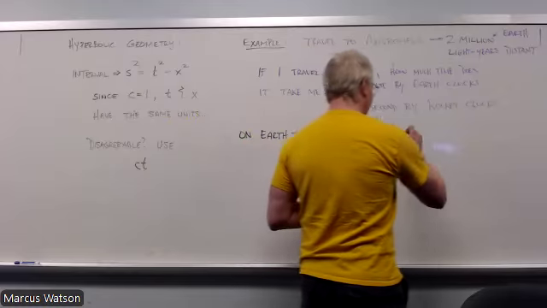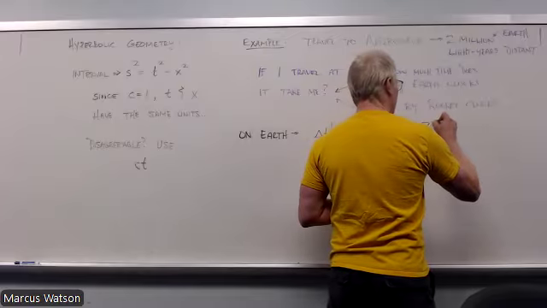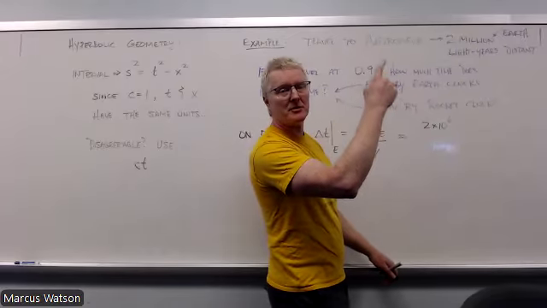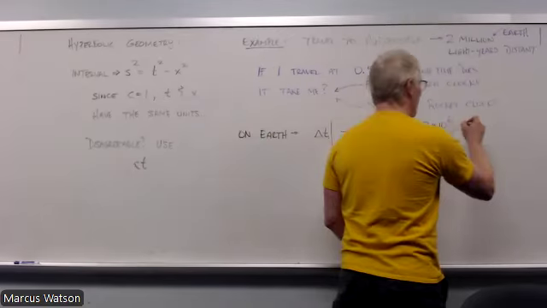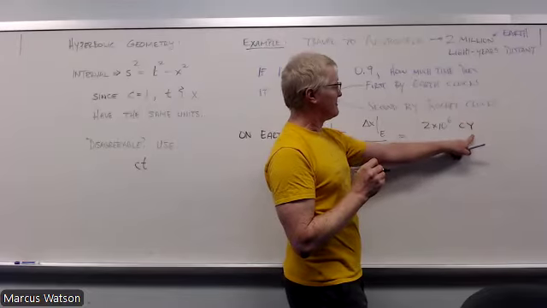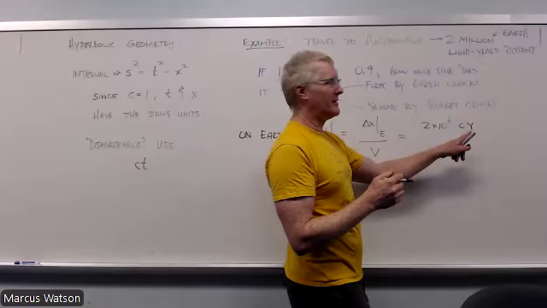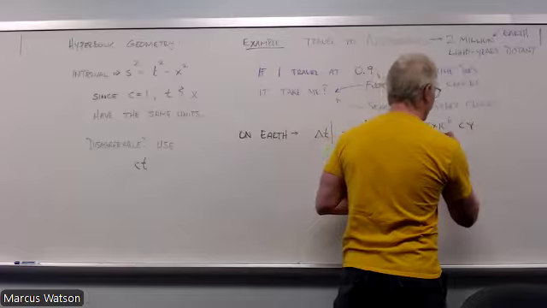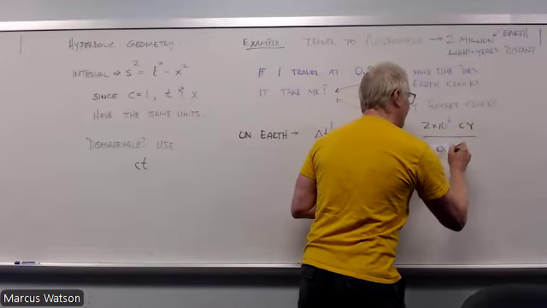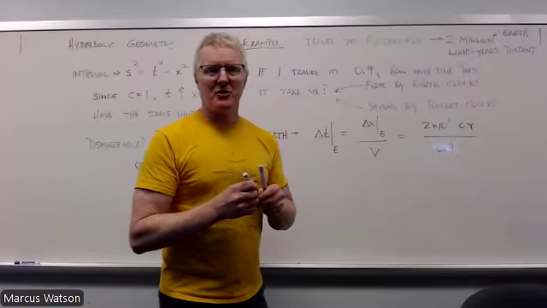Isn't that too many? This is 2 times 10 to the 6th light years. I'm just going to put C for light, CY, light years. I could use LY, but you could do this. Watch. Divided by 0.9. But what is 0.9 really?